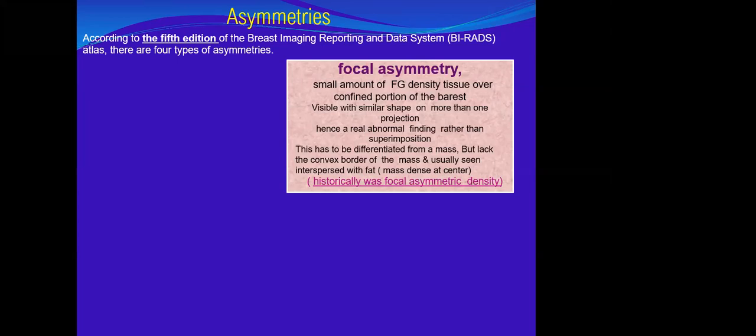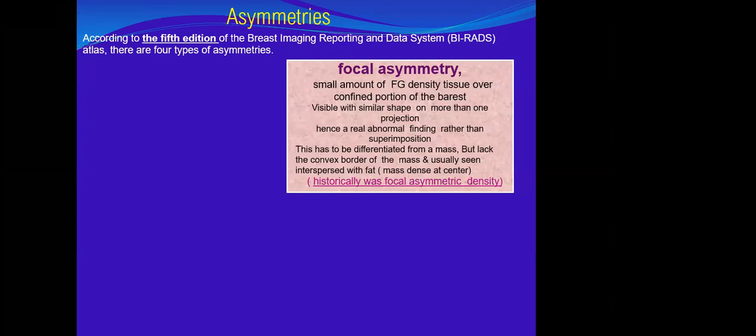Being seen in 2 different projections means it is real. But differentiation from a mass is that it lacks the convex border and usually you might see interspersed fat within, while the mass is radiodense at its center.